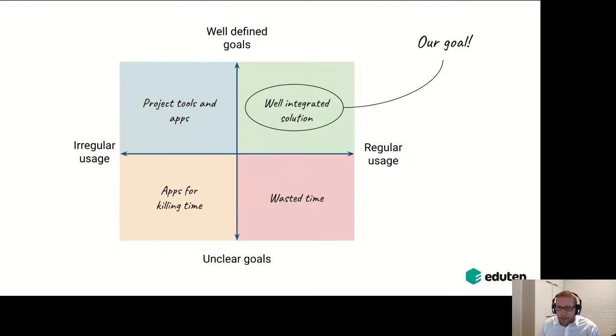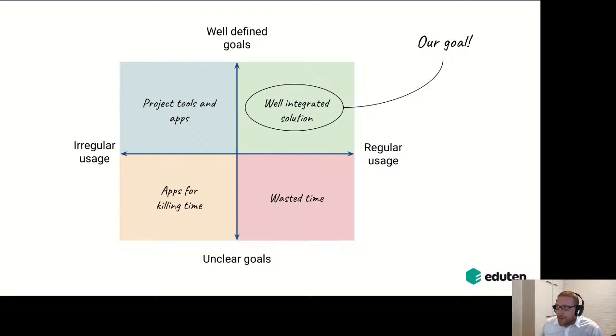And let's start from the worst. So, if we use something like regularly, let's say every day, or let's say every week, it doesn't matter. And we don't have any clear goals for the students, what they should do, what they should achieve. We can't actually measure if they did well or if they did not well.